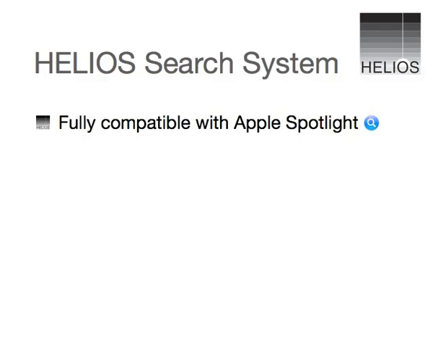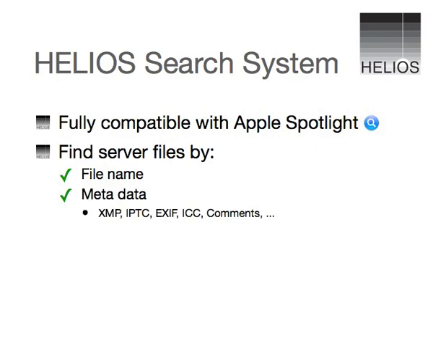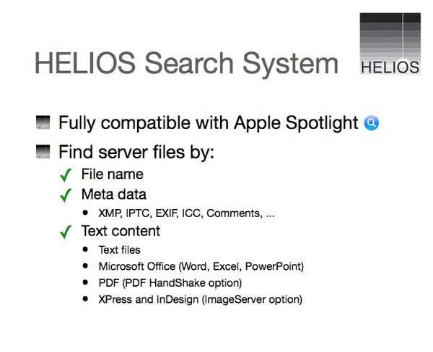To recap, Helios UB2 creates a Spotlight-compatible database for Spotlight searches of Helios server volumes. It supports searches for file names, for metadata, and for full-text searches of text files, Office documents, and optionally, text within PDF, QuarkXPress, or InDesign documents.